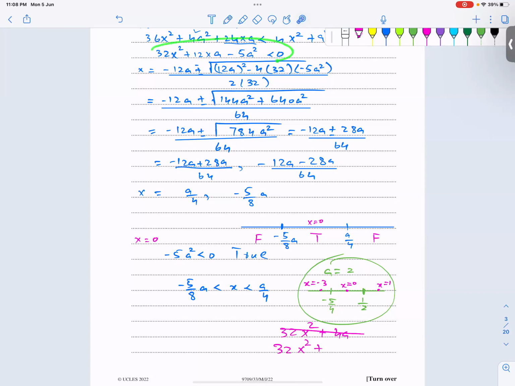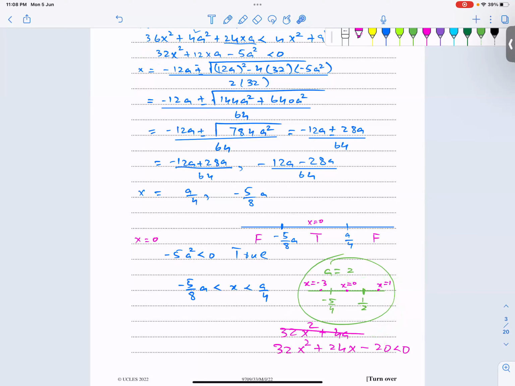I'm talking about this equation. Now 12xa will become, for a equal to 2, 24x, and then negative, as a was 2, so square of that will be 4, so negative 20. So now you can check these points here in this inequality, and you will definitely get the same answer.